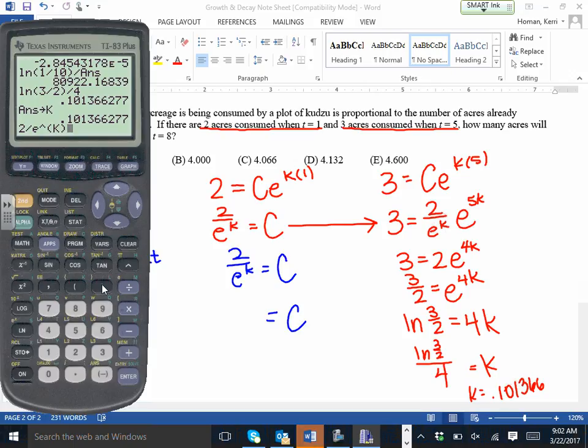Otherwise, you can go and highlight that number, or you can type in the natural log of 3 halves divided by 4, whatever you want to do. Okay, and then for me, I'm going to store this in alpha C, because that's what I solved for is C.